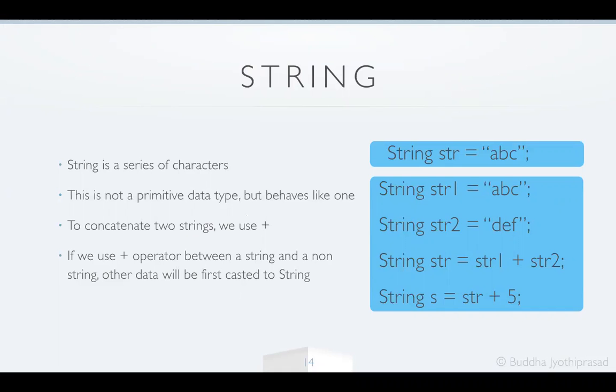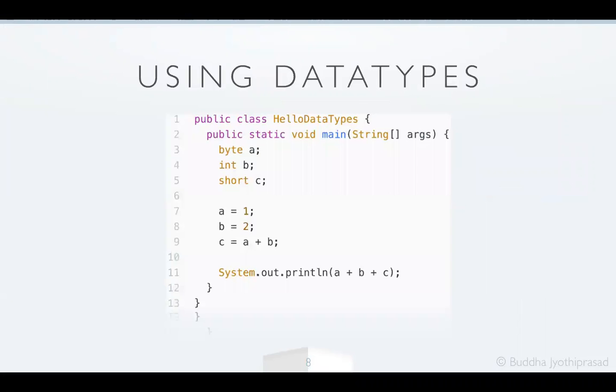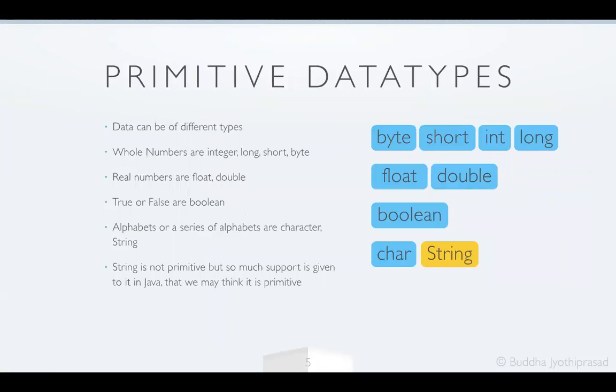I told you a couple of slides back, String is not actually a primitive data type, but it has been given so much support that it is almost treated like one. All other data types begin with complete lowercase words, except for String. String starts with a capital letter, right? There is a special meaning to it.